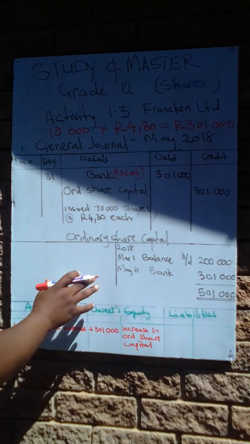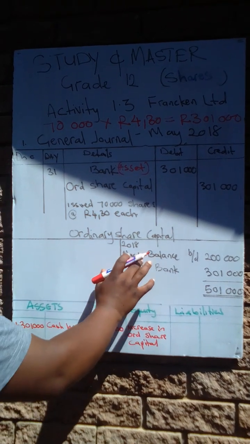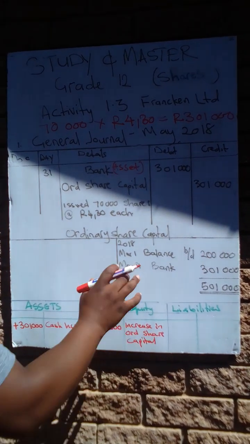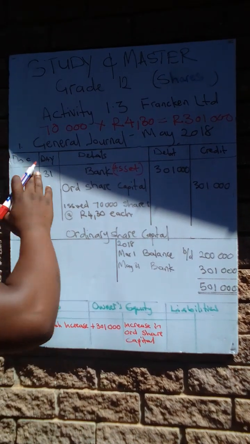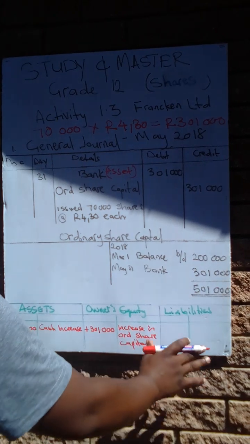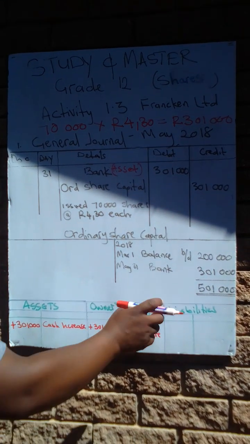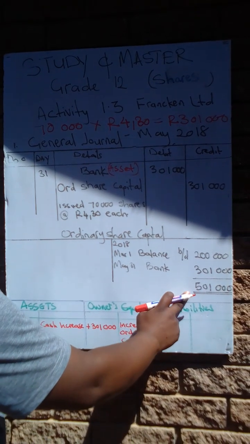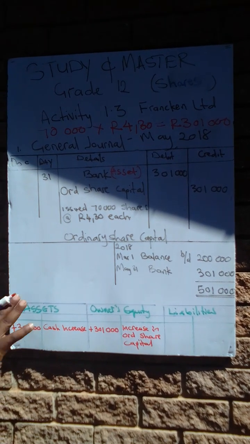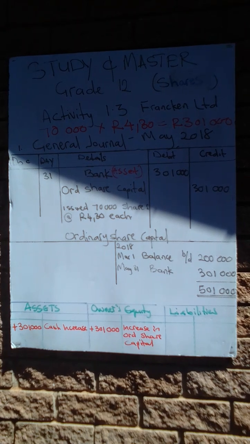At the beginning, in our ordinary share capital account, we already have 200,000, which is our opening balance. The additional amount, remember, whatever increases goes to the credit side as well. So 301,000 is increasing our ordinary share capital account. Now at the end, we have 501,000 as our new ordinary share capital for the year 2018.